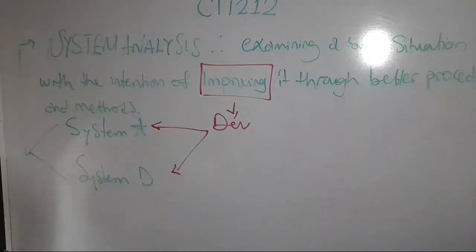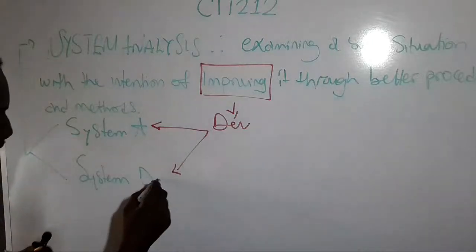Now, like we said something about system analysis already, what is system design? When we say system design, we are simply referring to the process of planning a new system, or to replace or complement an existing system.